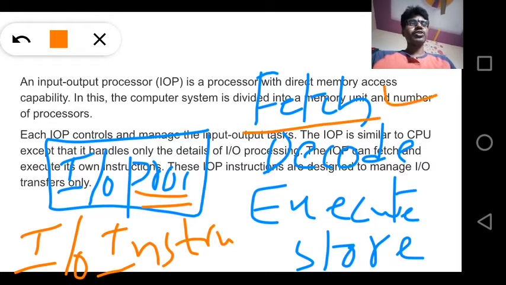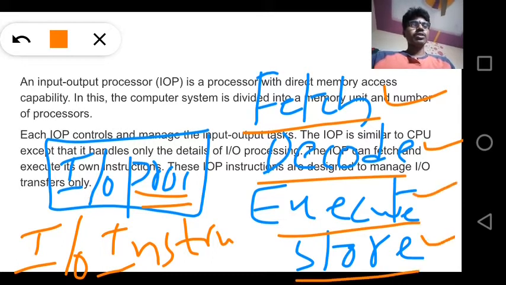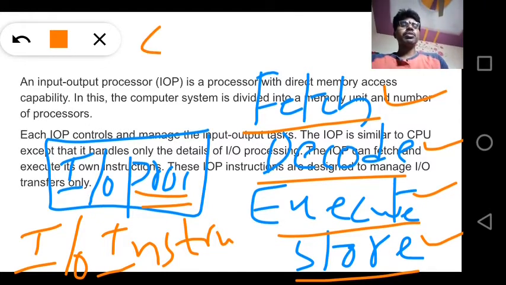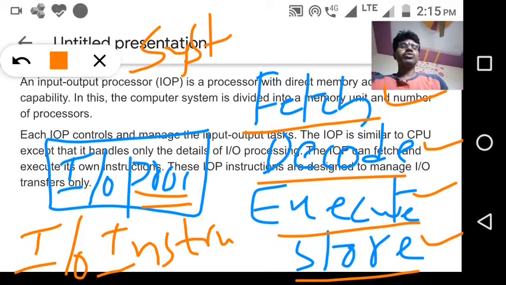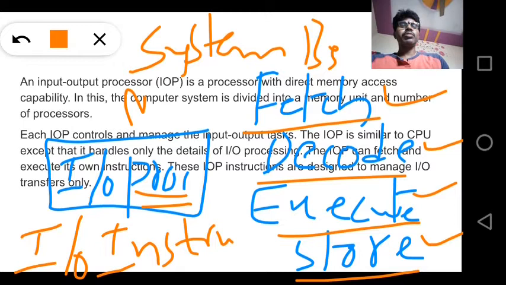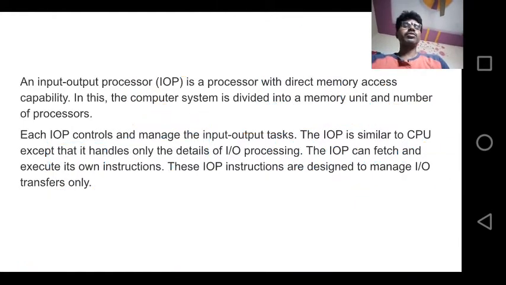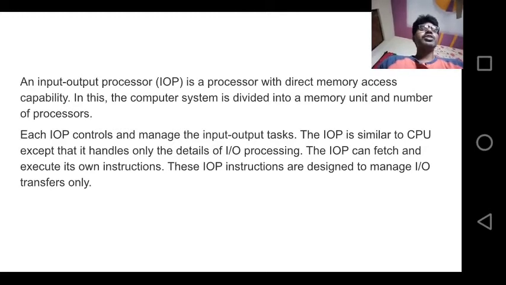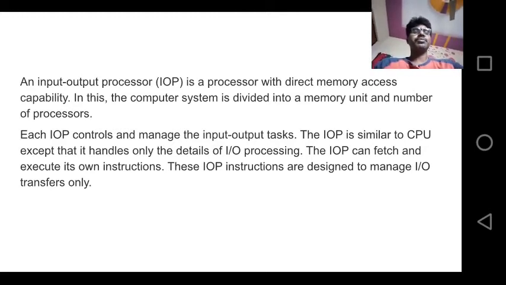But both the IO processor and the general processor are competing for, remember, there is only one system bus and memory. These IO instructions are designed to manage IO transfer only.